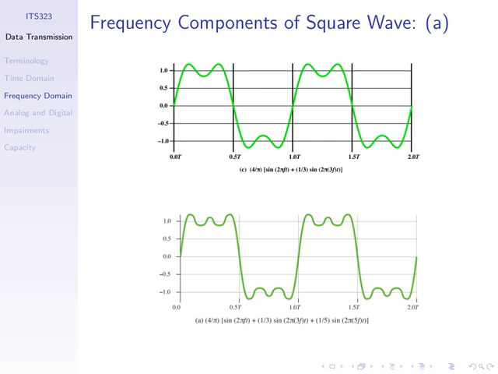Sine 4 million pi t plus a third sine 2 times pi times 3f, which is 6 million, so 12 million pi t.